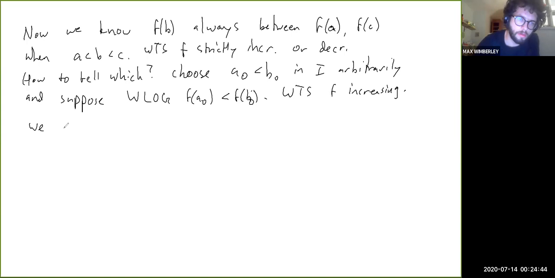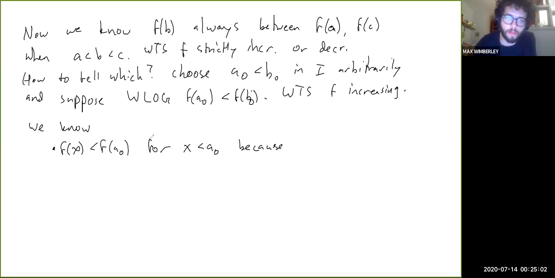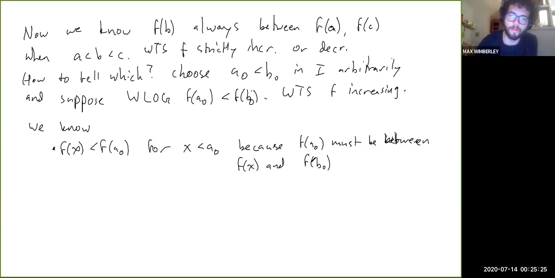So we know that f of x is less than f of a naught for x less than a naught, because we know that f of a naught must be between f of x and f of b naught. And of course, we know that f of b naught is bigger than f of a naught. So that means f of x has to be less than f of a naught, right?